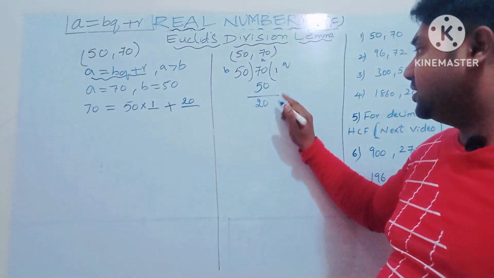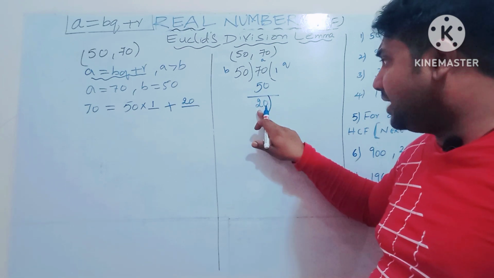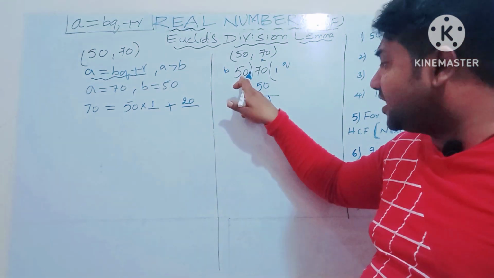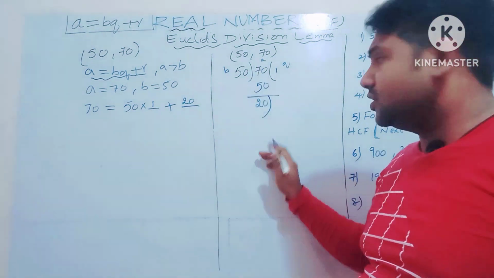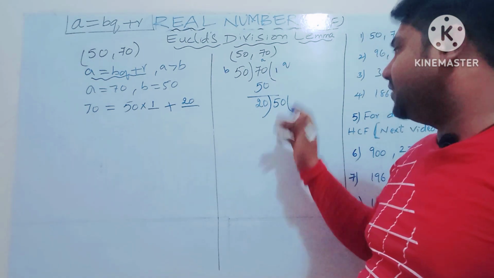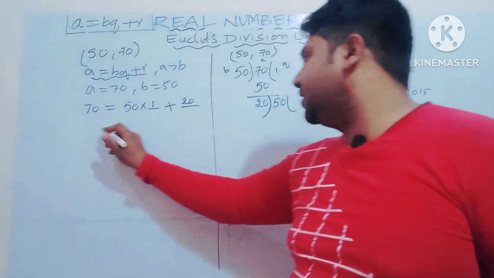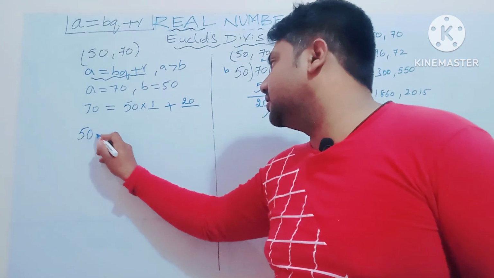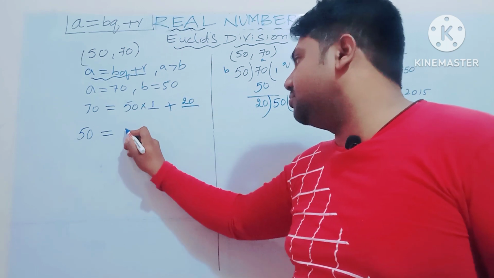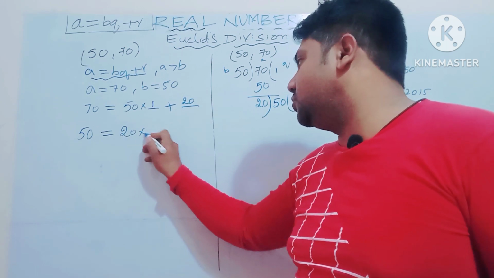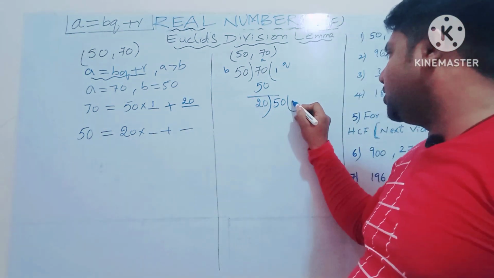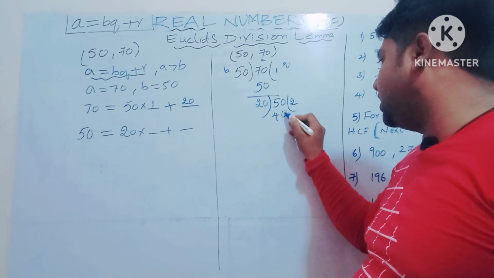Next, now the remainder will become divisor and divisor will become dividend. So 50 comes here. That is, B will become A, and R will become B. That is 20 into something plus something. 20 2s are 40.